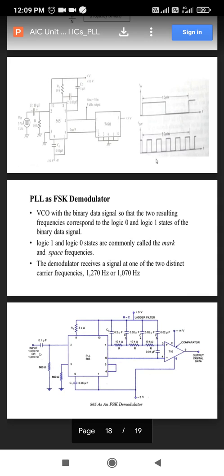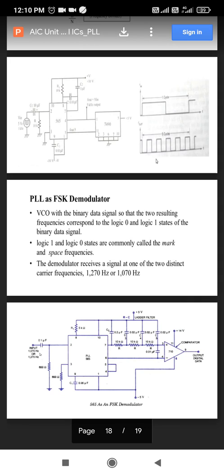Now, the demodulated output we can get at pin number 7, because based on the application, where we take the output will change.